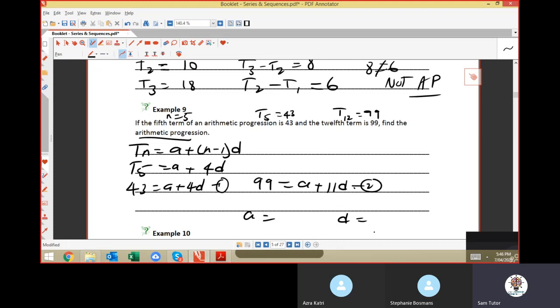Plug it in: log 8 over log 1.2 becomes 11.4. So therefore n equals 13.